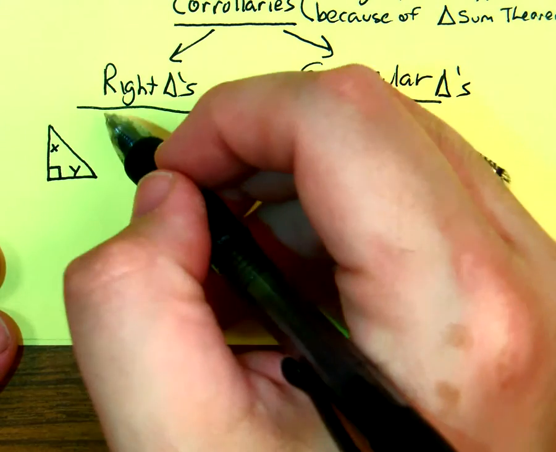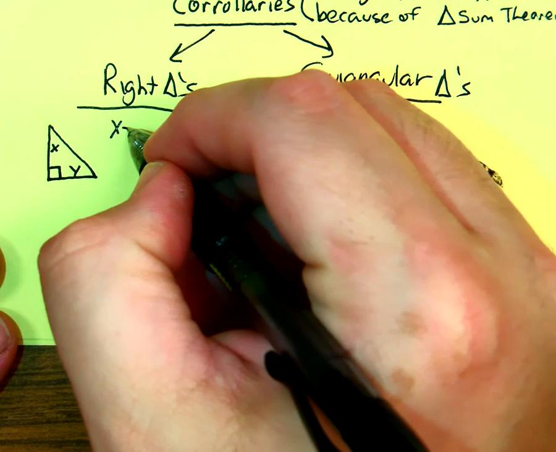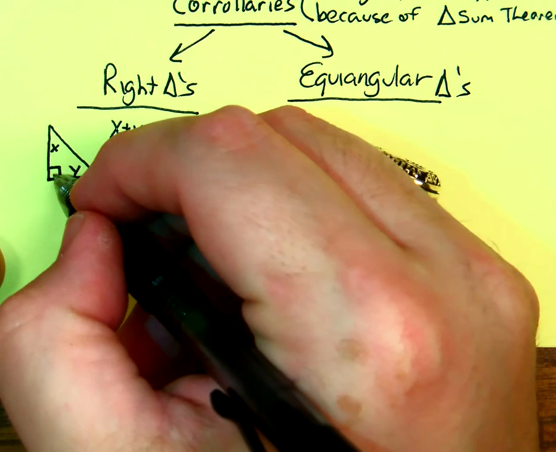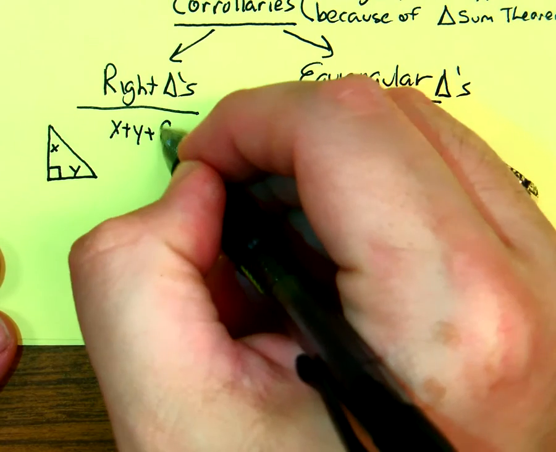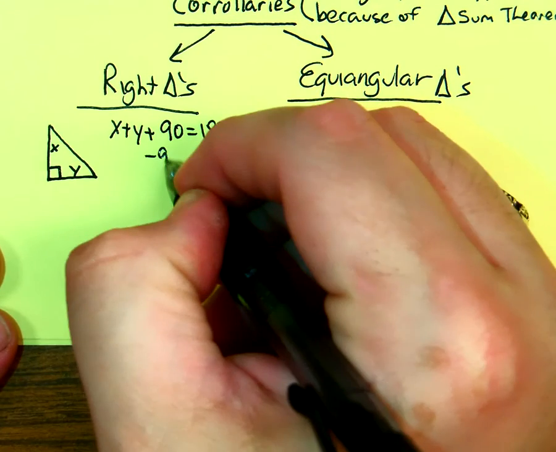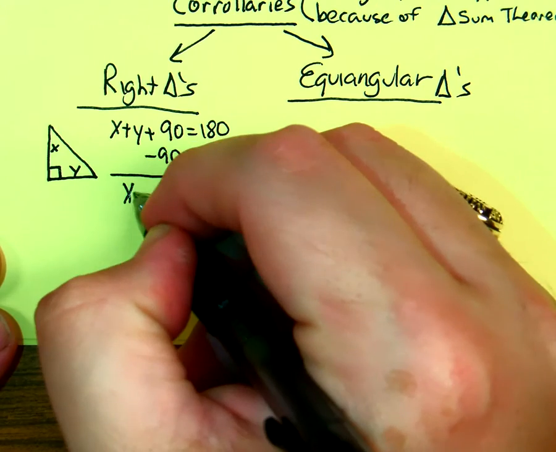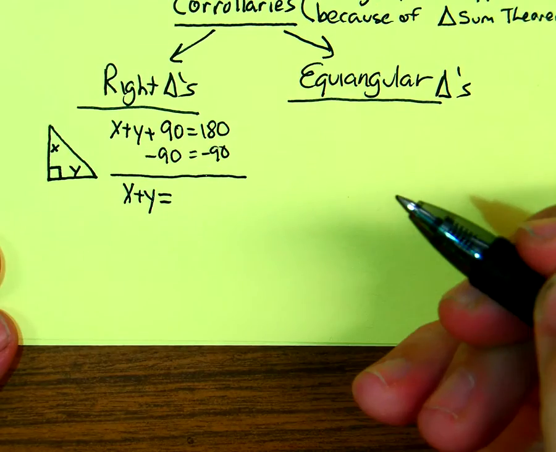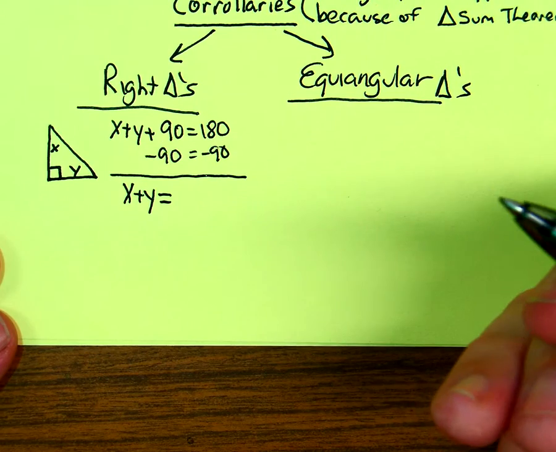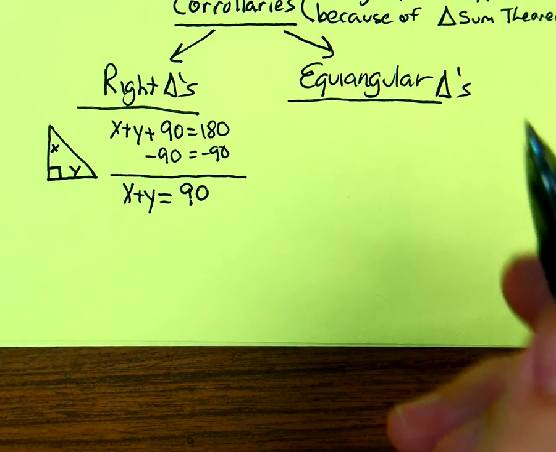Not all of them. If I go x plus y plus, what's this angle? 90, that's equal to 180 degrees. If I subtract 90, x plus y is equal to how much? What's 180 minus 90? 90. And this is the corollary for right triangles.